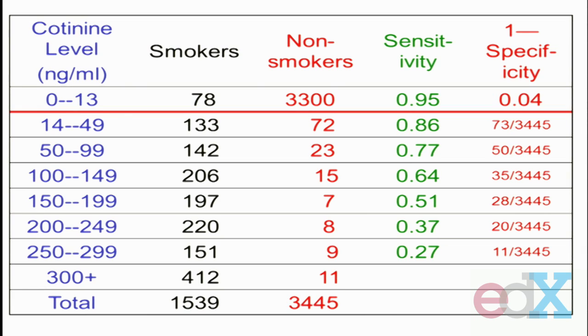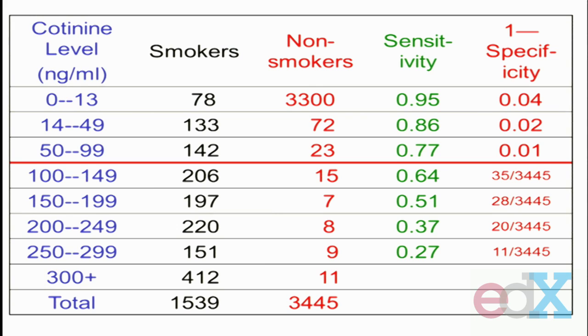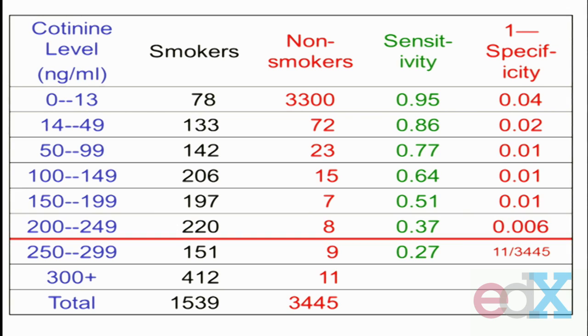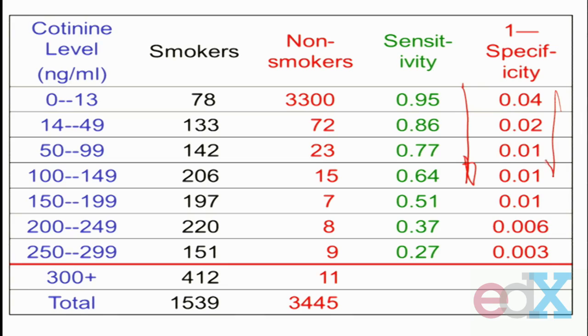Expressing this as proportions, or probabilities, there they are. So 1 minus the specificity is 0.04. So in moving our cutoff down like this, we lose sensitivity, but at the same time, we gain specificity, because 1 minus the specificity is also going down.